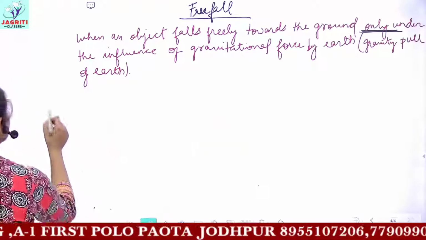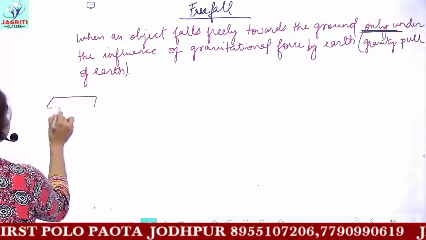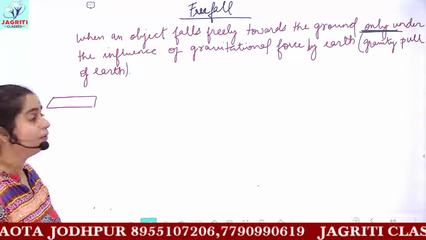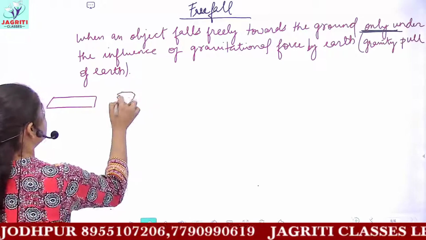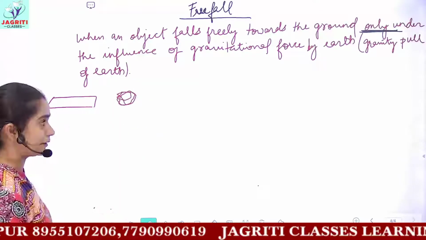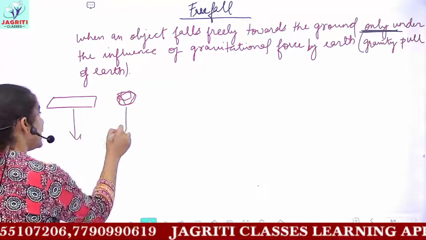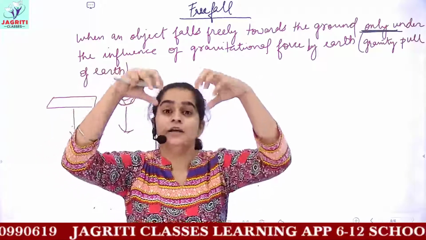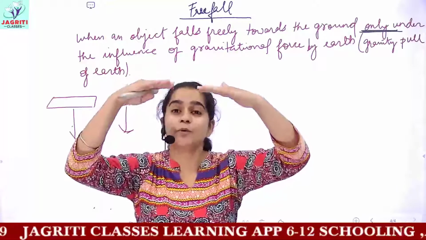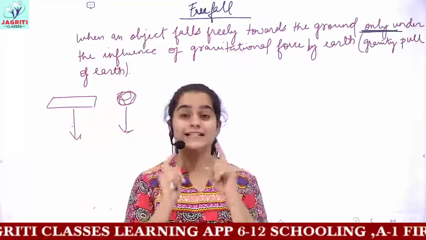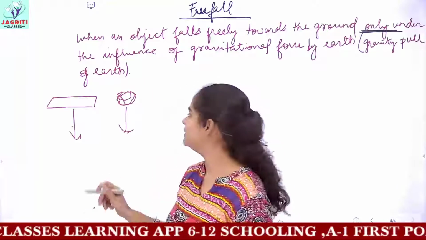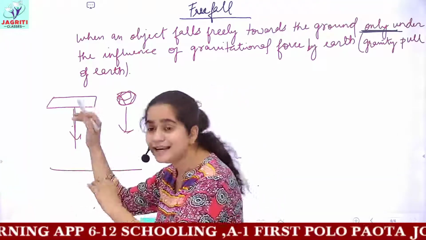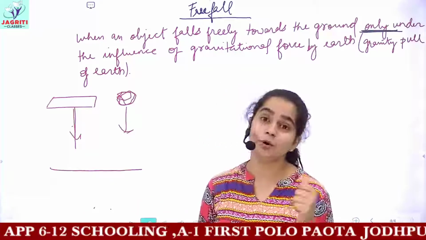I am dropping both objects from the same height. Will both objects land on the ground at the same time? The answer is definitely no. The sheet of paper will land on the ground very late compared to the crumbled ball.